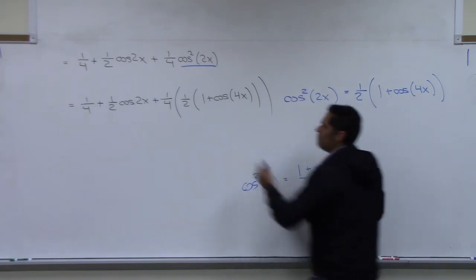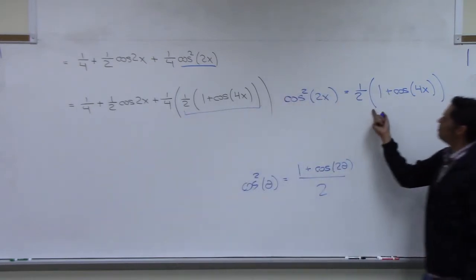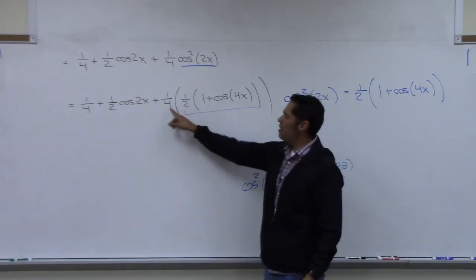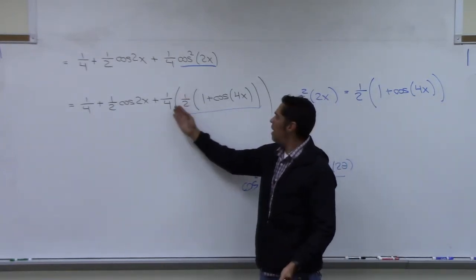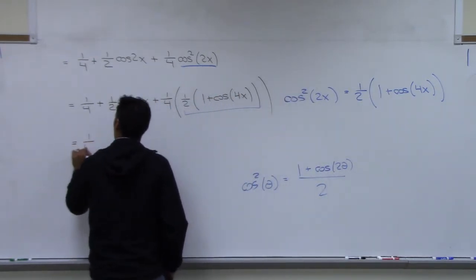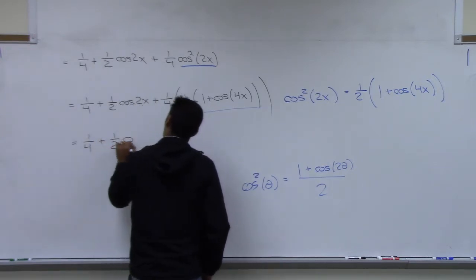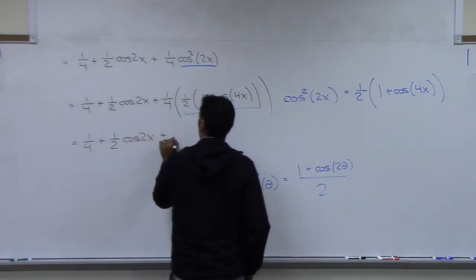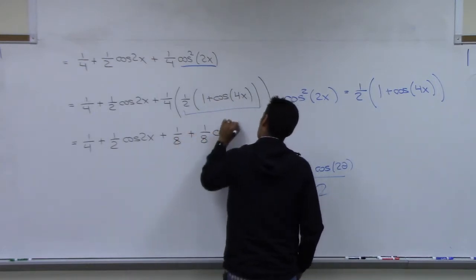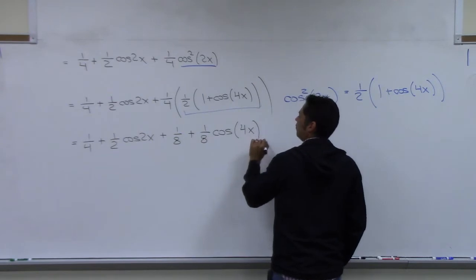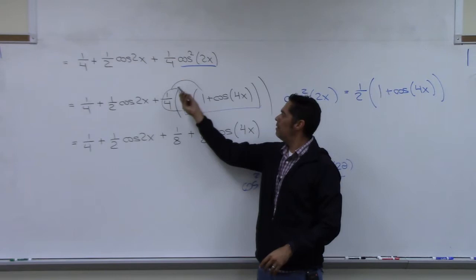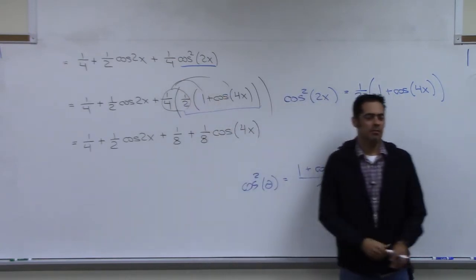Now let's multiply this out. 1/4 times 1/2 is 1/8. That 1/8 can pass through to both of these terms. So I will now have 1/4 plus 1/2 cosine 2x plus 1/8 plus 1/8 cosine 4x. That became 1/8, and that went here and here, and that's how I got these two.